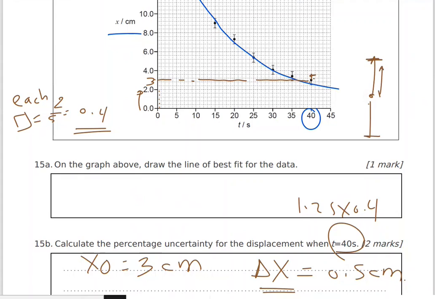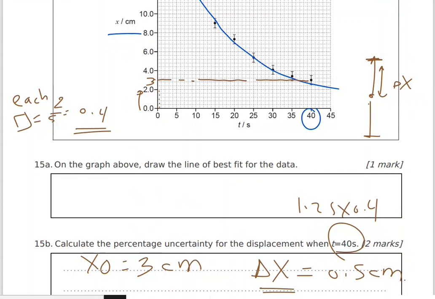The length of the error bar, the distance from the top to the bottom of the point, is delta x. It is around 1 1/4 squares, times 0.4, which gives us 0.5 centimeter.